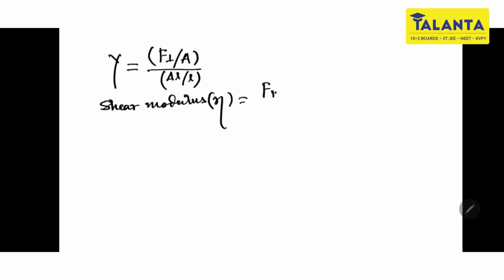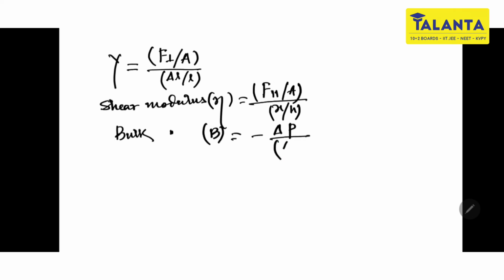That is the ratio of shearing stress and shearing strain. Another is bulk modulus, denoted by B. This is the ratio of bulk stress and bulk strain. If pressure increases, volume decreases, hence delta P by delta V is less than 0. Hence, to keep B greater than 0, negative sign is included.